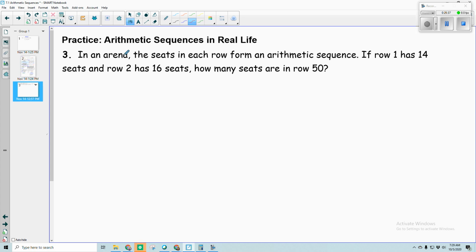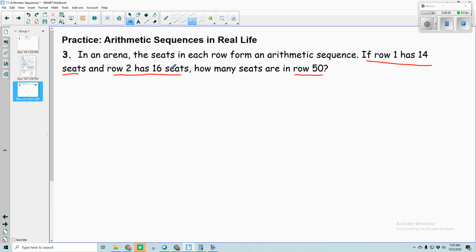I have one last problem I do want to go over, which is more of a word problem using the concepts that we've gone over so far. For example, in an arena, we have some seats. The seats in each row form an arithmetic sequence. If row 1 has 14 seats and row 2 has 16 seats, how many seats are in row 50?